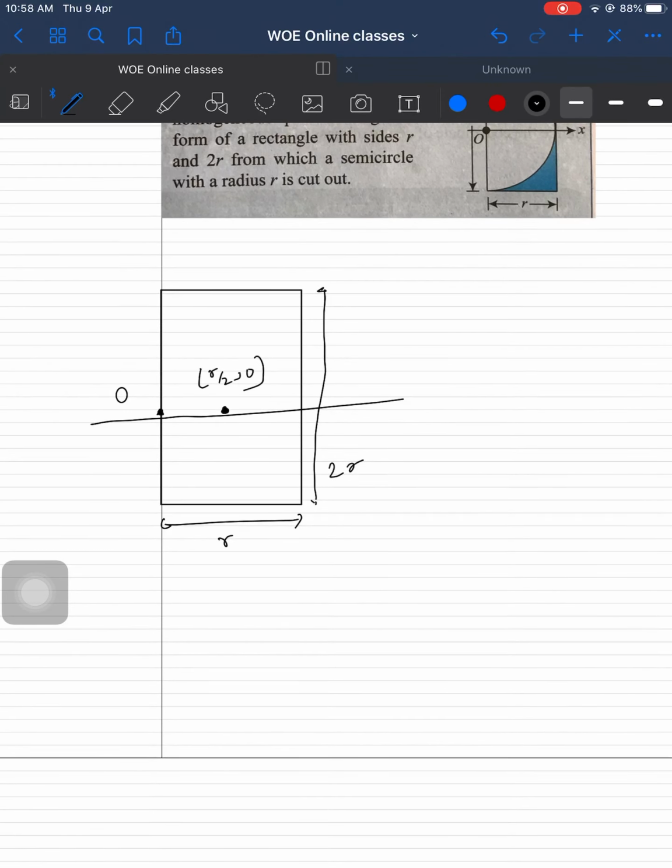Now there is mass removed. How much mass is removed? It's removed like a semicircle, along the same line. Now this is a disc.